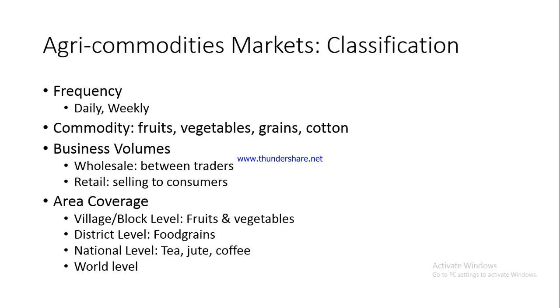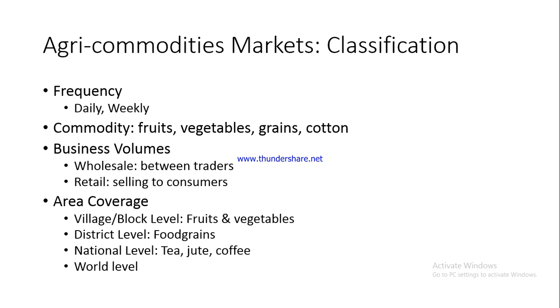Now we are going to talk about the other basis of classification, which is the area coverage. Depending on how much area is covered by the particular agri-commodity market, we can classify the market as a village or a block level market, or a district level market, or a national level or a world level market. The commodities that are generally exchanged in village or block level markets are fruits and vegetables.